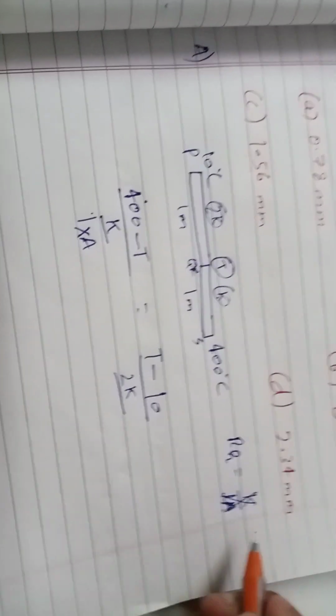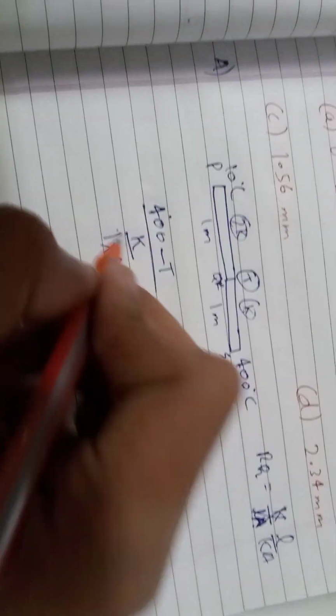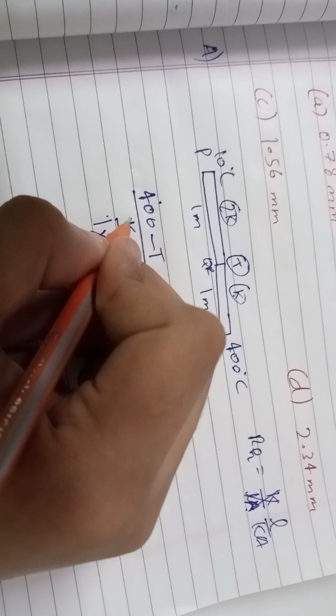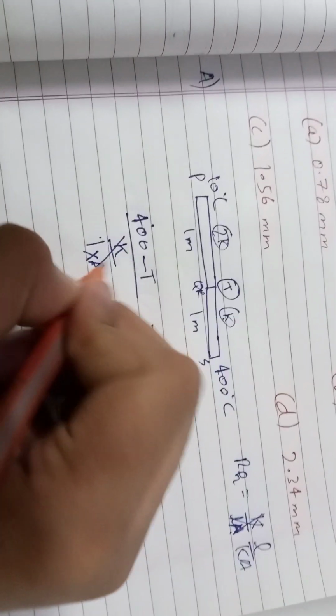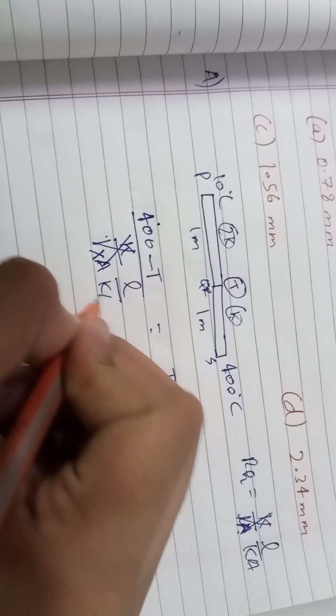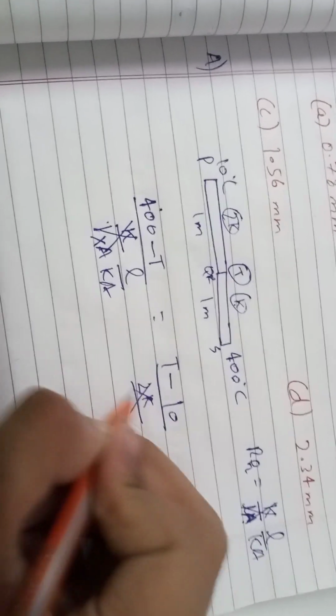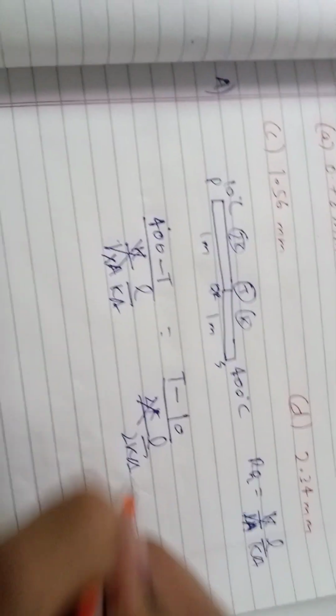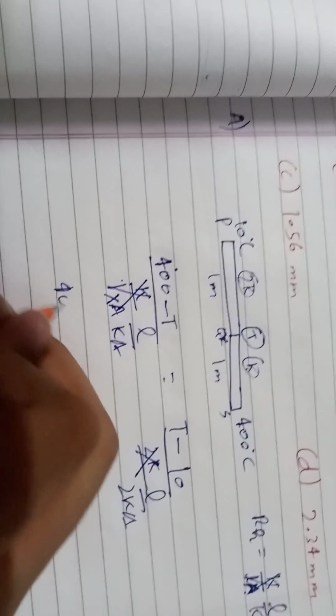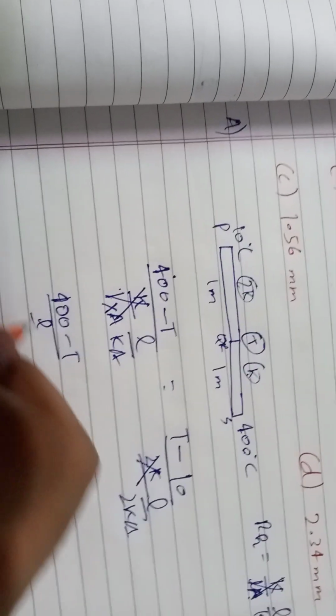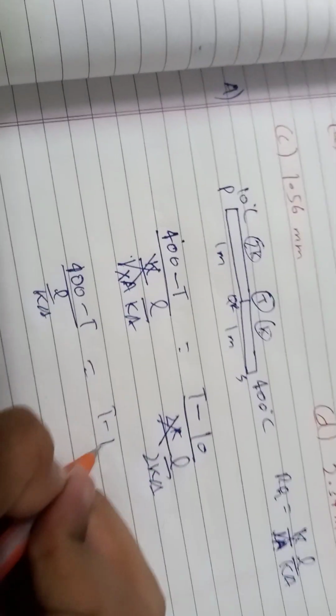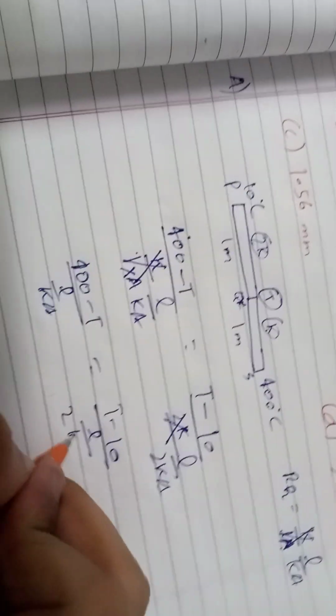Here I have made a mistake. This will be L by KA, and this will be L by 2KA. Now we have 400 minus T by L by KA equals T minus 10 upon L by 2KA.